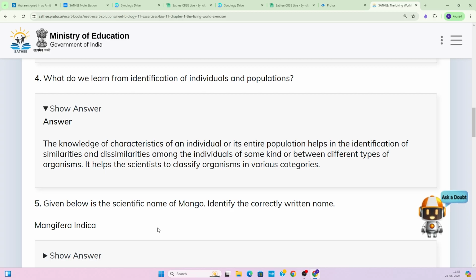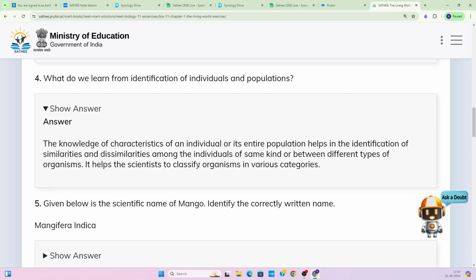So it helps scientists to classify the organisms into various categories. When you have a number of species, you can follow the characteristics that are similar and those that are dissimilar. In a population you can see dissimilarities also, but mainly, if they are the same species, they will have similar characteristics, right?